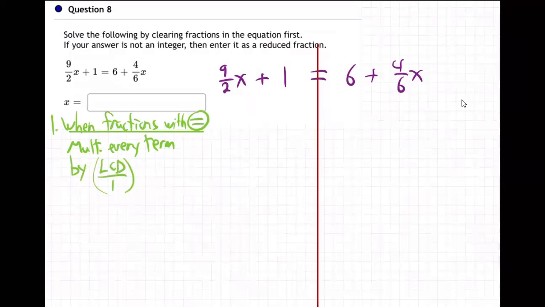Now, what's the LCD? I'm not going to do the LCD. I'm just going to do a common denominator. It's good enough.